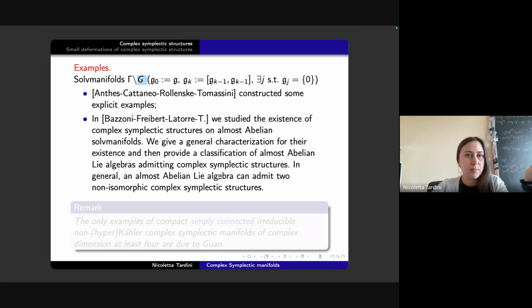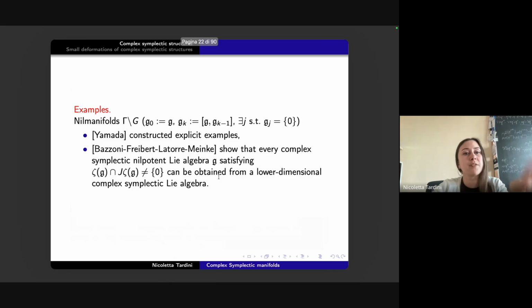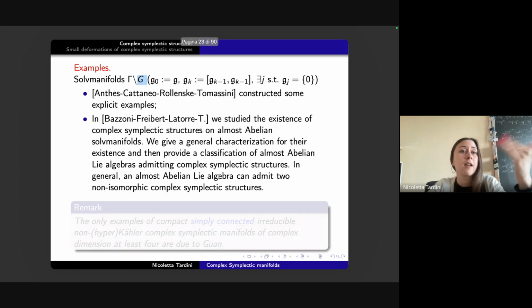So there are many examples. This was just to say that we have many examples of complex symplectic manifolds in any dimension, but all these are non-Kähler examples, because nilmanifolds are non-Kähler unless they are tori, and also for solvmanifolds the Kähler condition is well understood, but all these examples are not simply connected.